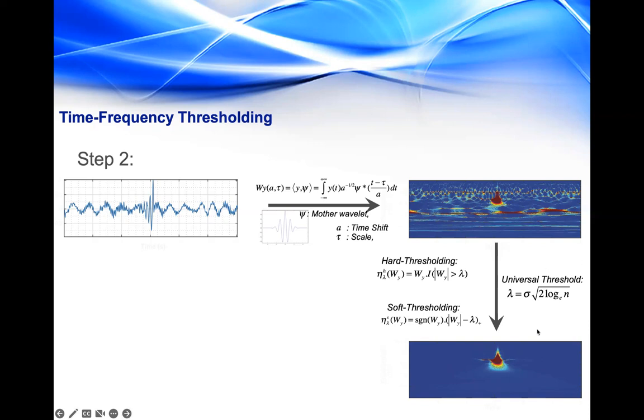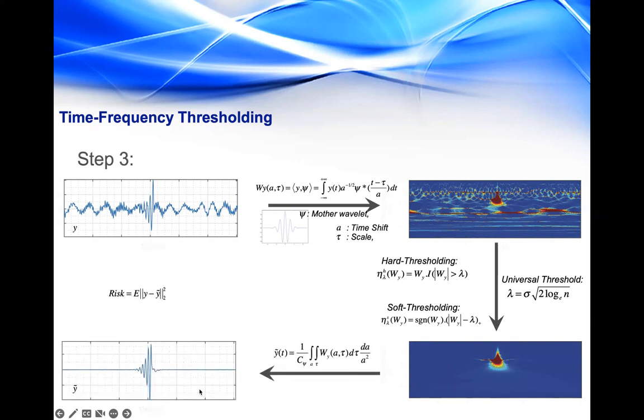In the last step, the modified coefficients, which provide a sparse representation of our signal, are inverse transformed back into the time domain to reconstruct the denoised signal in a way that minimizes our estimate of risk. So the advantage of this approach over traditional methods is that now the noise, even in the same passband as the signal, can be excluded, and this is done automatically.